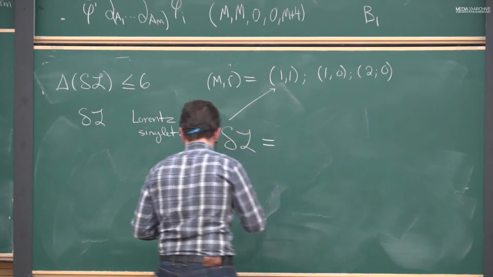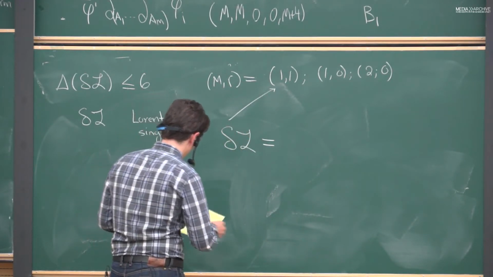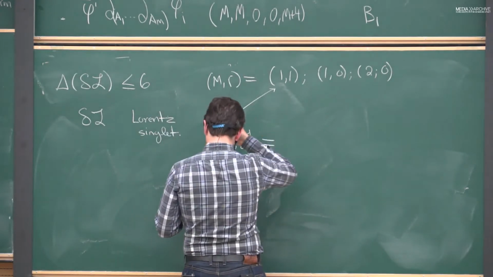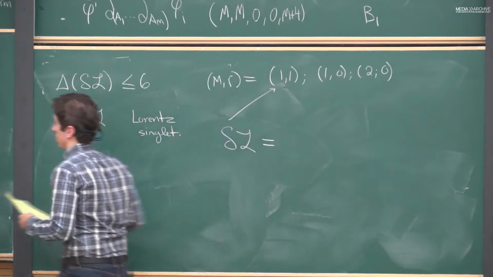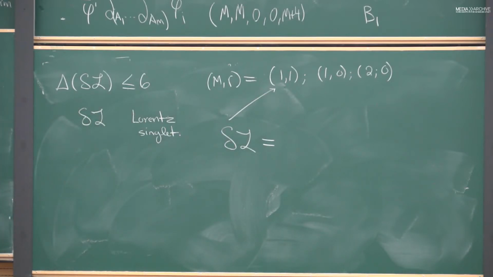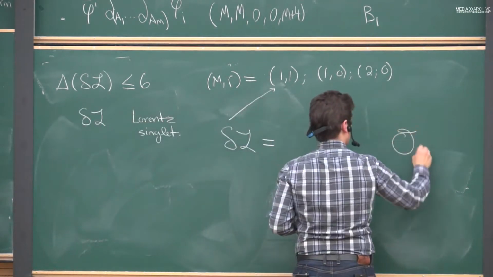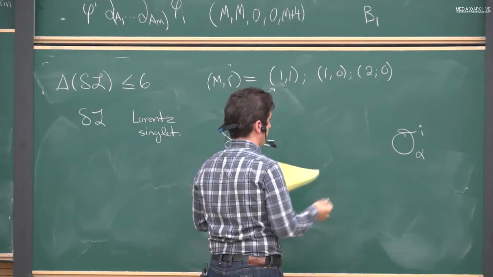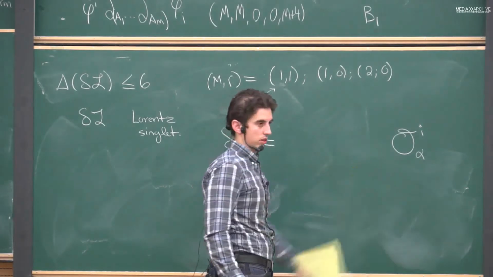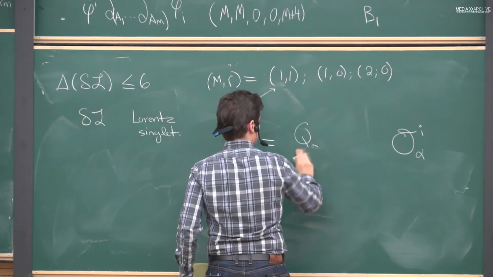Okay, so what would you write in this case? This guy here in the case 1,1 is just a guy with 1 spinor index and 1 R-symmetry index. To make a Lorentz scalar, we have to act on him with 3 Qs. I need more space.